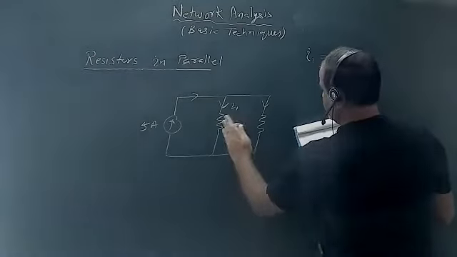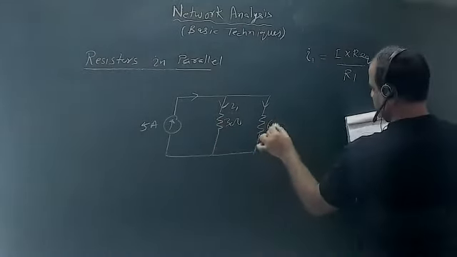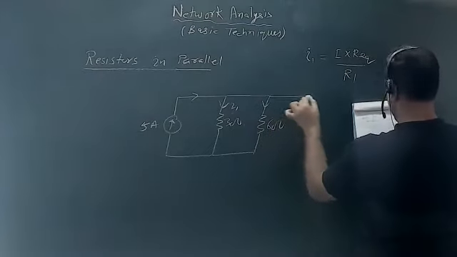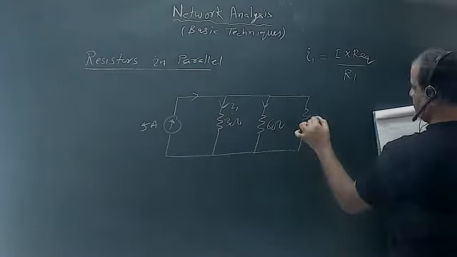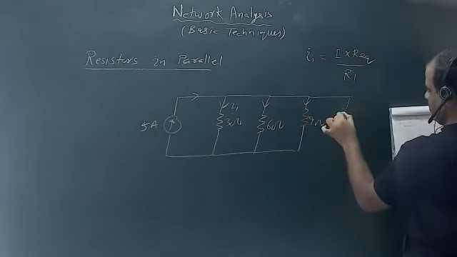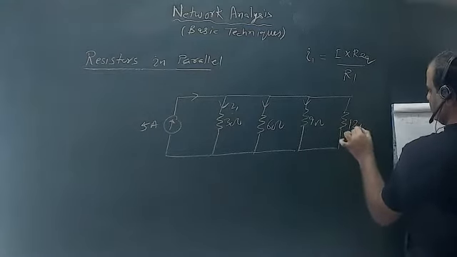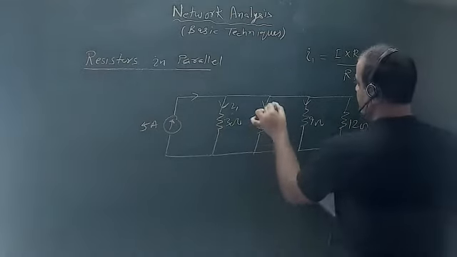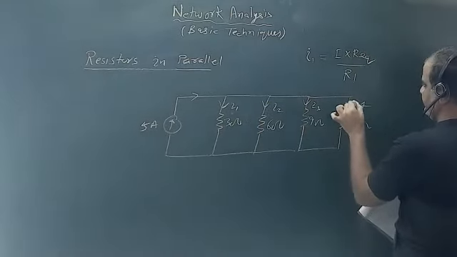So now this is 3 ohm, this is 6 ohm, this is 9 ohm, and we have one more, 12 ohm. So this is I1, this is I2, I3 and I4.